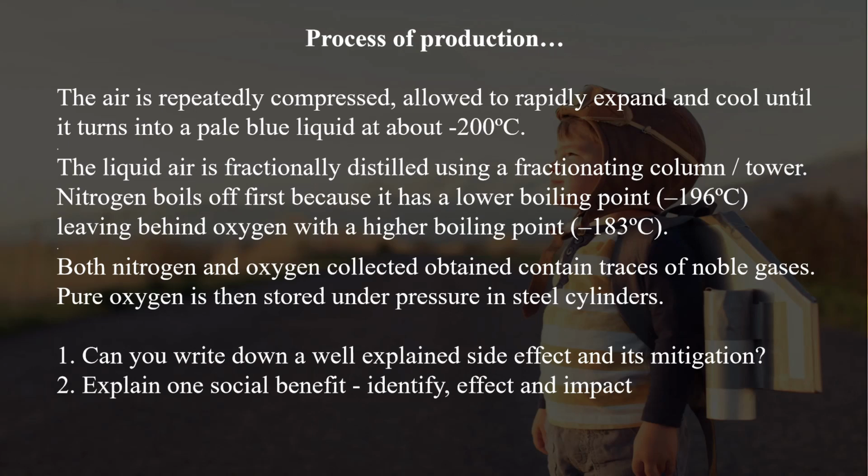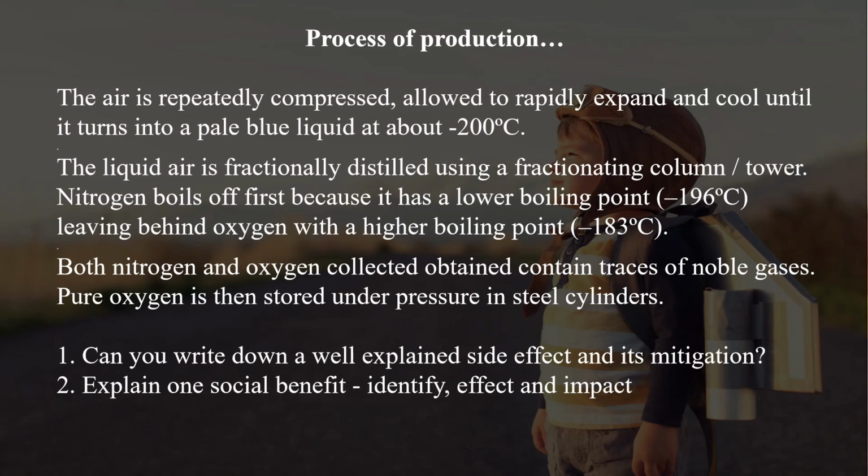the fractionating column. Once they are put in the fractionating column, they are boiled, and as they are heated, nitrogen will come out first because it has a lower boiling point of negative 196 degrees. It will leave oxygen behind. It means at the temperature of negative 196 degrees, we will have tapped off nitrogen gas because it has a lower boiling point than oxygen.